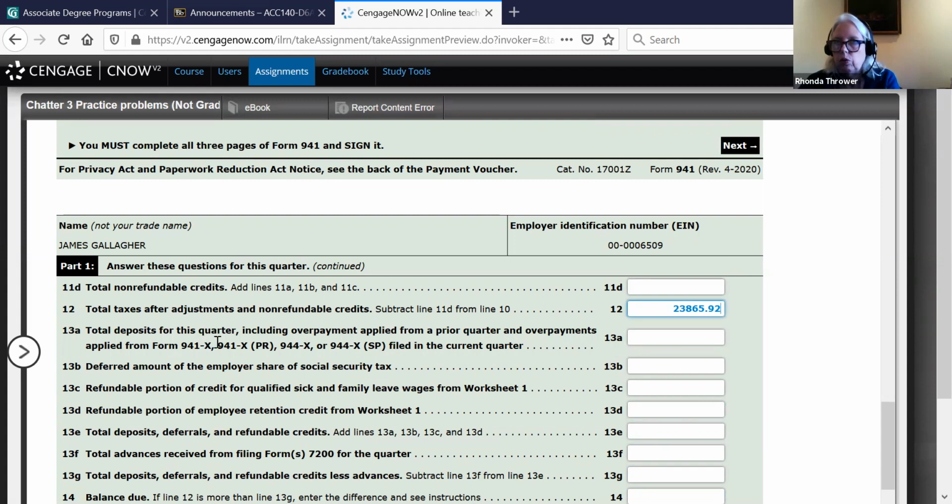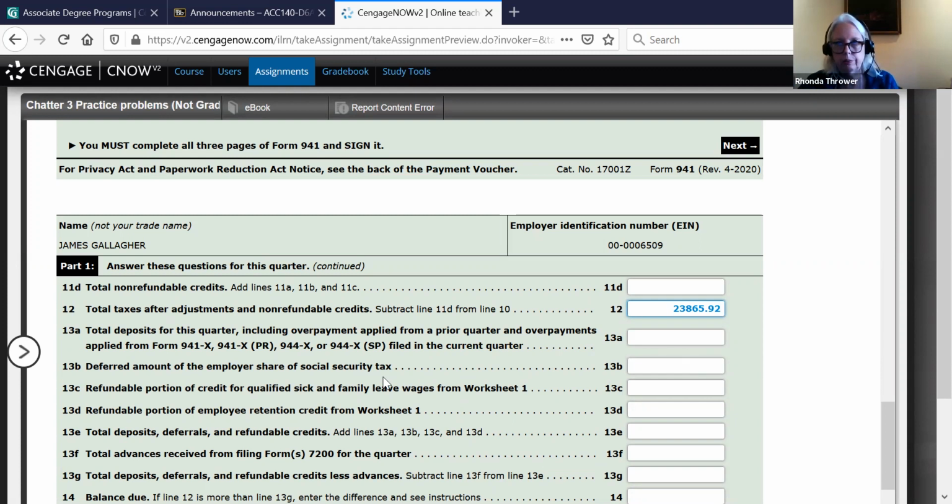The total deposits for this quarter, including any overpayment applied to a prior quarter and overpayments applied to 941X. We didn't have any of these, so we're going to just leave this alone because there's nothing from a prior quarter that we had to fill in here. There was nothing about deferred amounts of employer's share Social Security taxes.